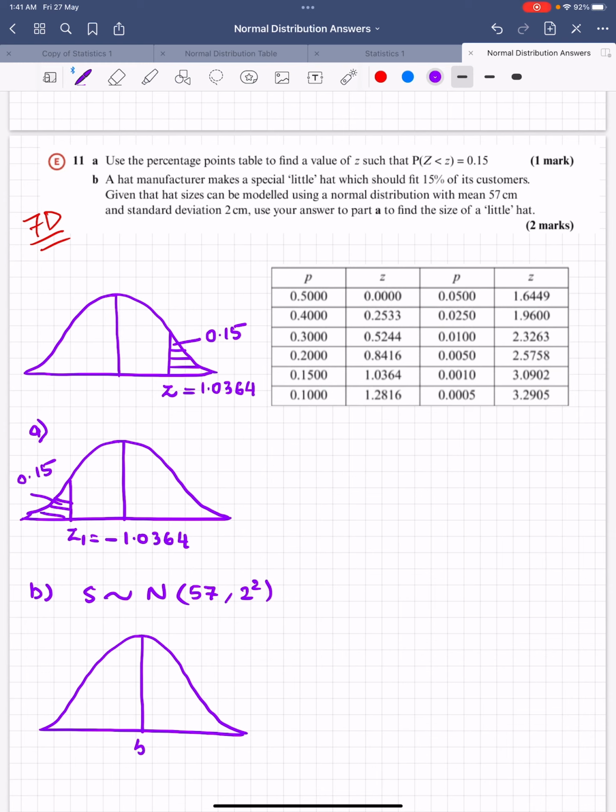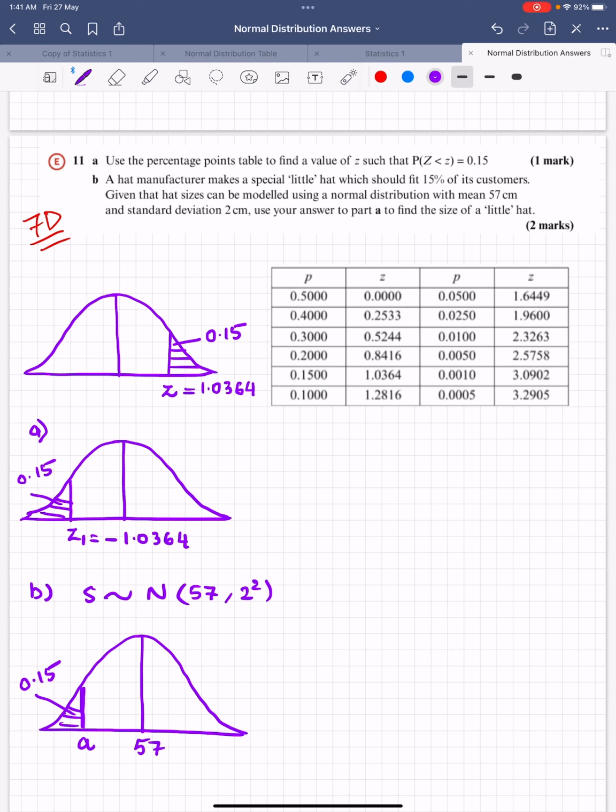So the mean is 57. This is the percentage of the little hat, and we need to find the corresponding value A, which is the size of the little hat.